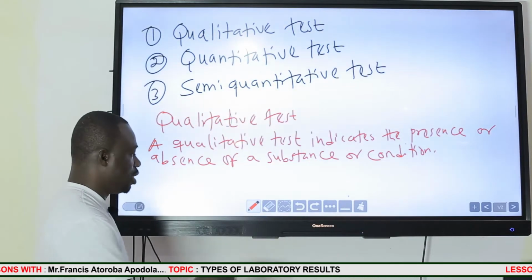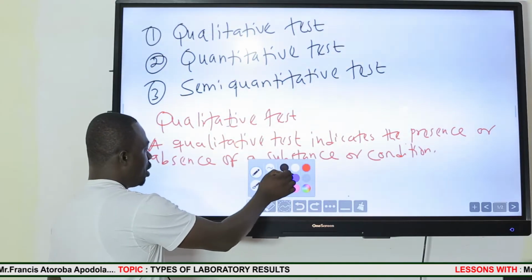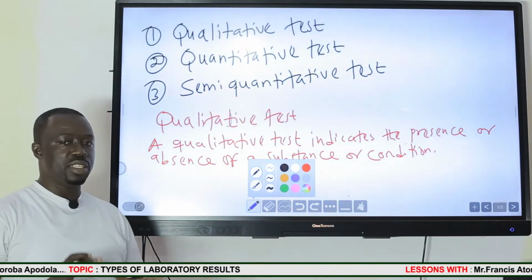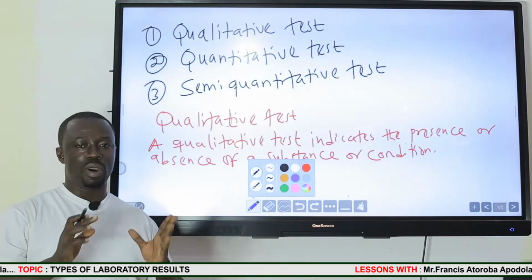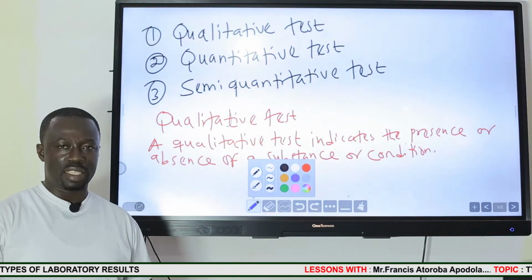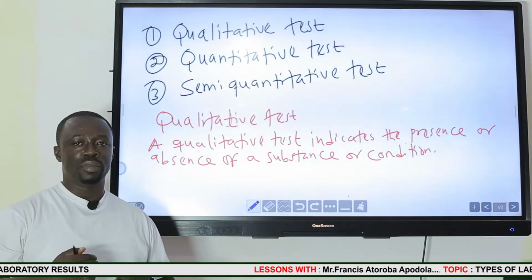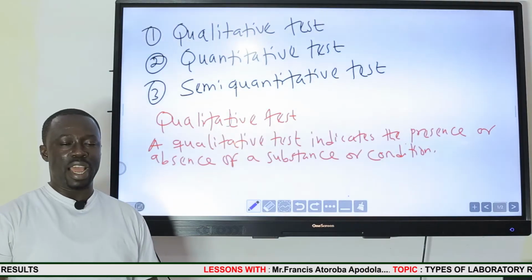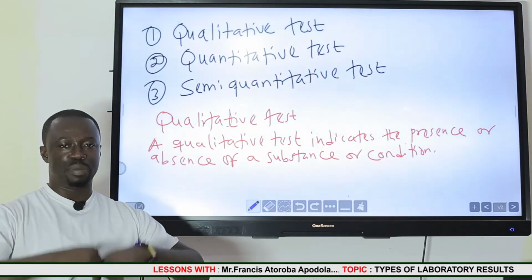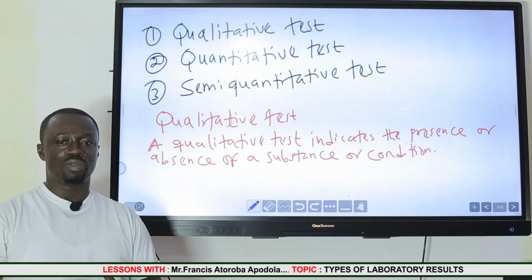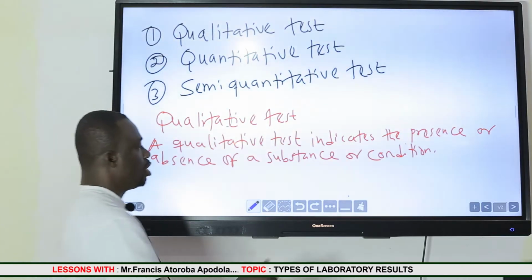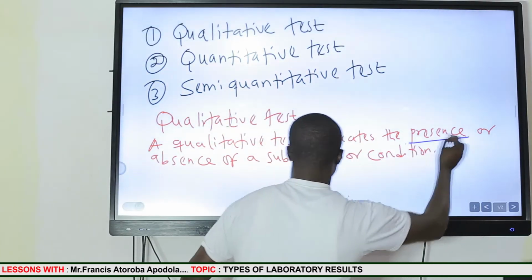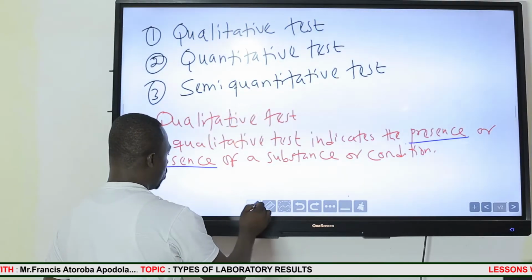So that is the definition of a qualitative test. All test results that are said to be qualitative are tests that indicate that either a particular substance is present or that substance is absent. So we are looking at the presence or absence of a substance.